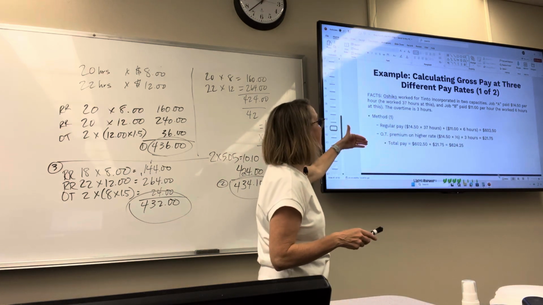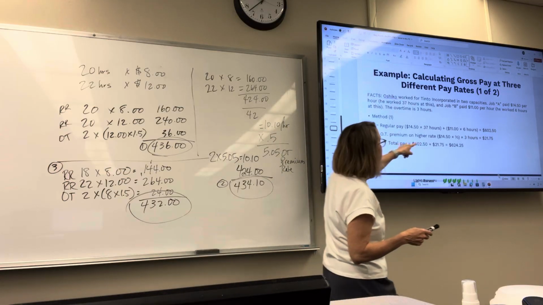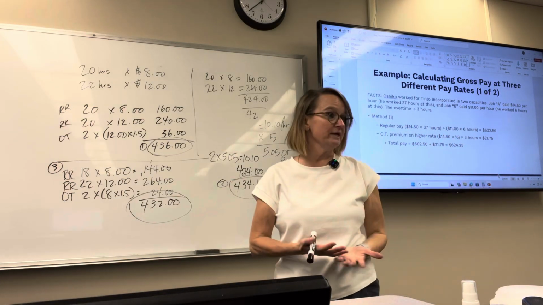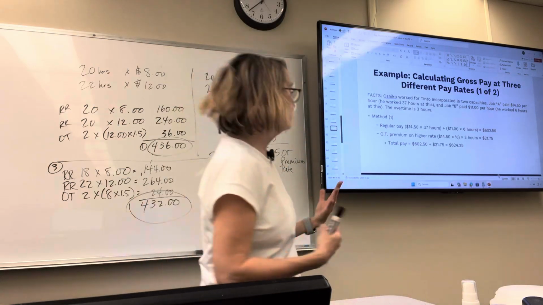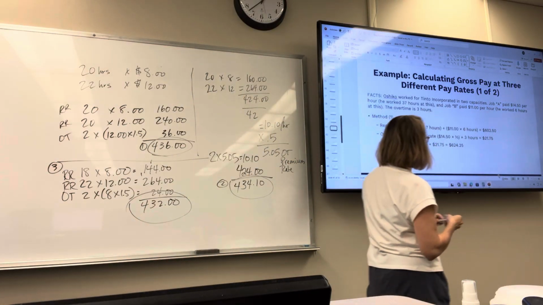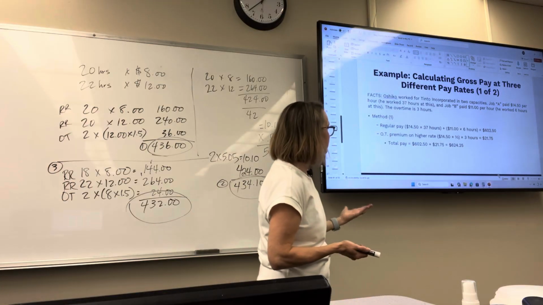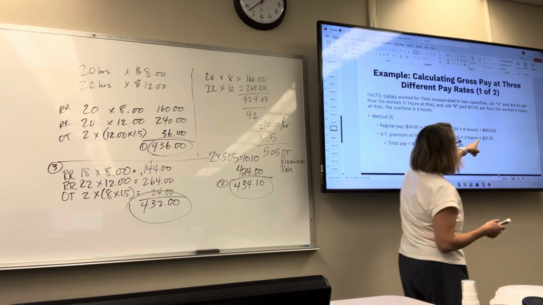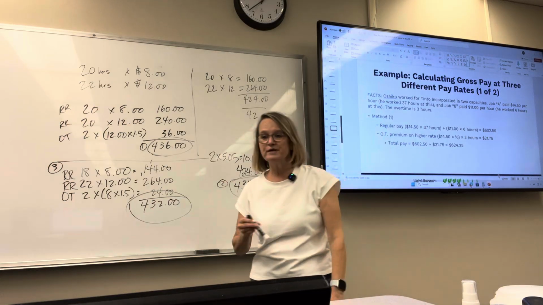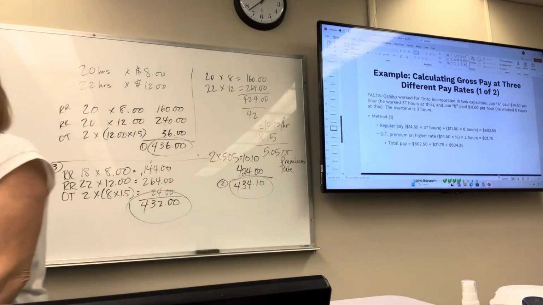Overtime premium on the higher rate, again, we're just going to take the $14.50 times 0.5, and then he worked 3 hours of overtime. We're going to use that higher rate. Means that he makes $21.75 for overtime. Total amount of pay, we're just going to add those two together, $602.50, $21.75. So $624.25 is the amount of pay.